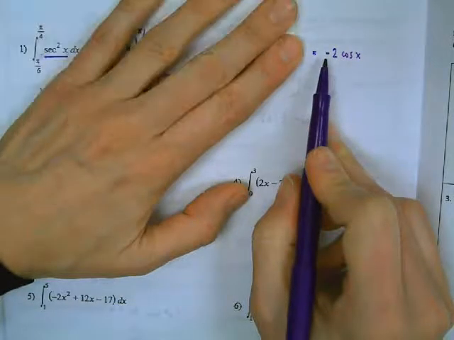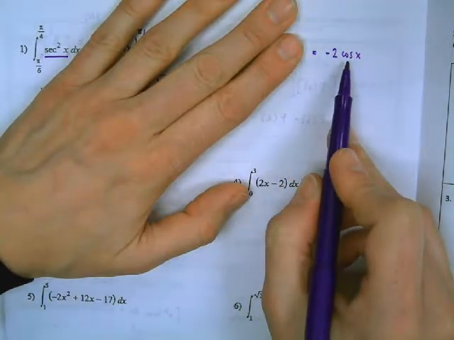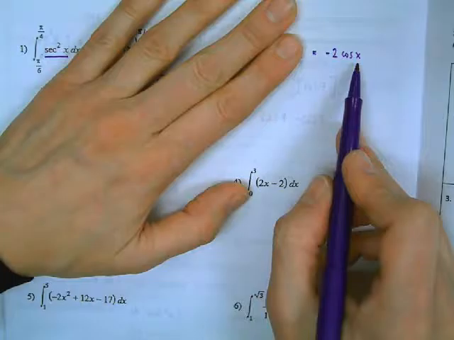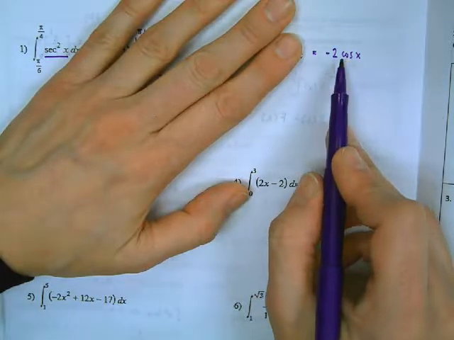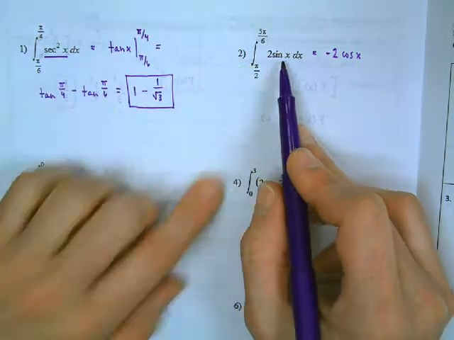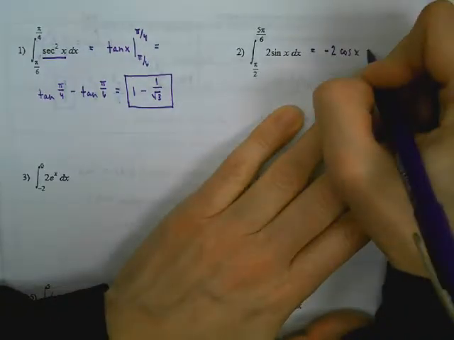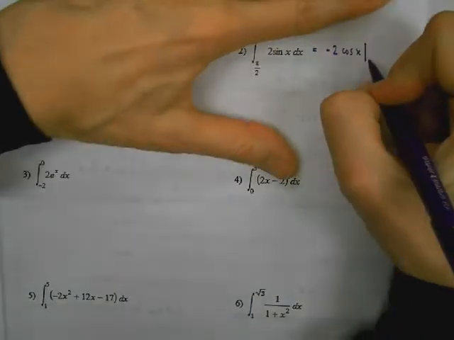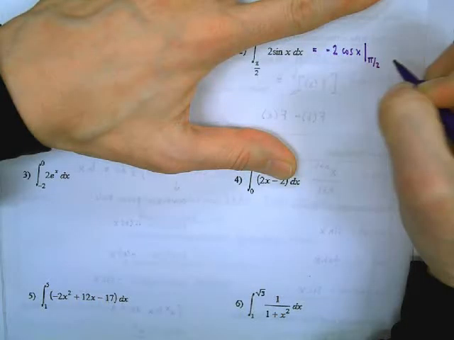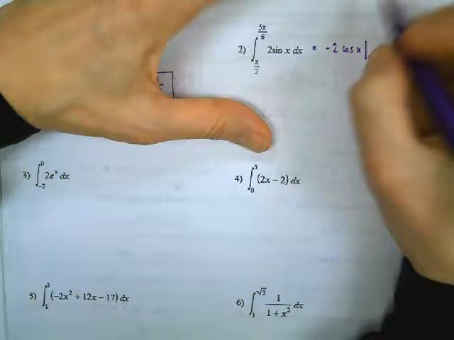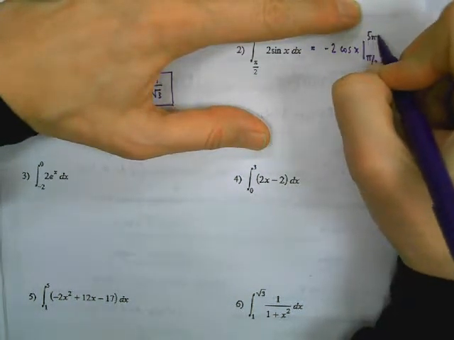Because again, if I were to differentiate this, I would have negative 2 times the derivative of cosine is a negative sine of x. So those negatives would cancel and give me a positive 2 sine of x. So I have negative 2 times the cosine of x, and I'm going to evaluate that from pi over 2, sorry about my fingers being in the way here, to 5 pi over 6.